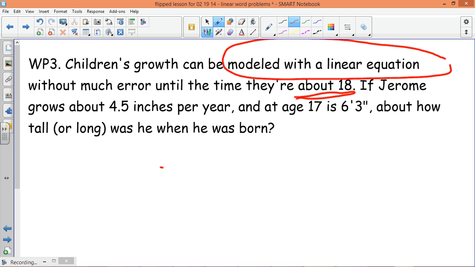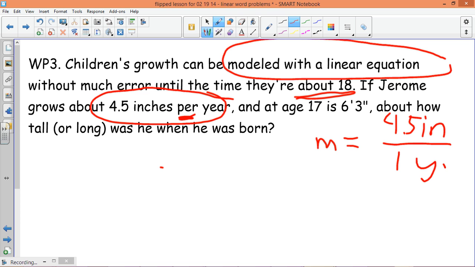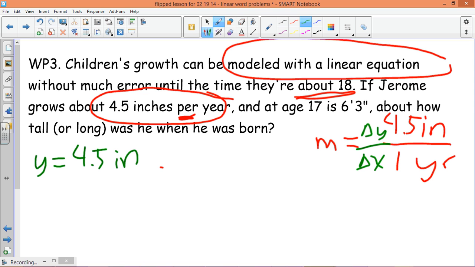If Jerome grows about 4.5 inches per year, there's my word per again, so I'm pretty sure my slope is 4.5 inches per 1 year. Okay, and so I know that my delta y, my change in y over change in x... I'm sorry, not 4.5 inches, I apologize.